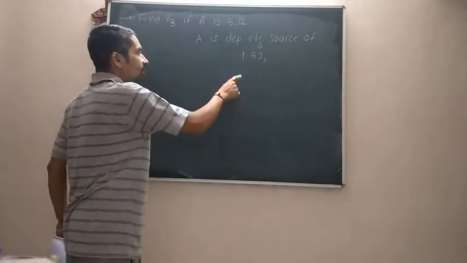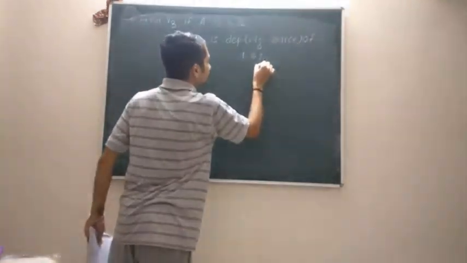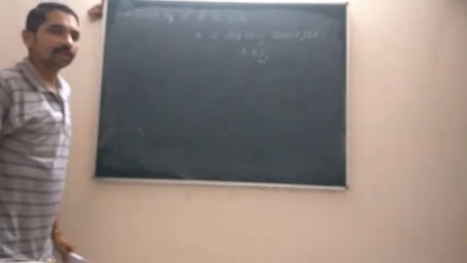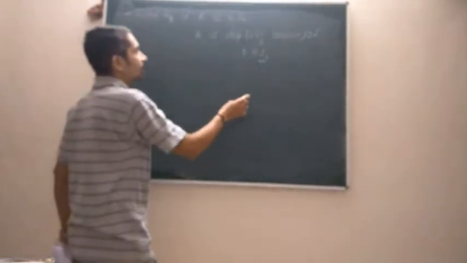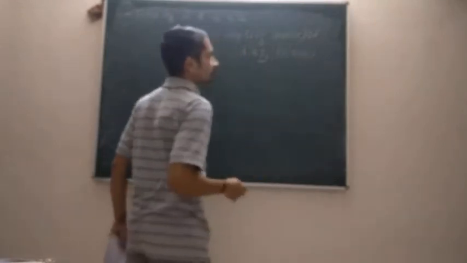So as you can see over here, the magnitude of the voltage source is going to be dependent upon the current flowing through an element present anywhere in your circuit. So this I can call a current dependent voltage source.